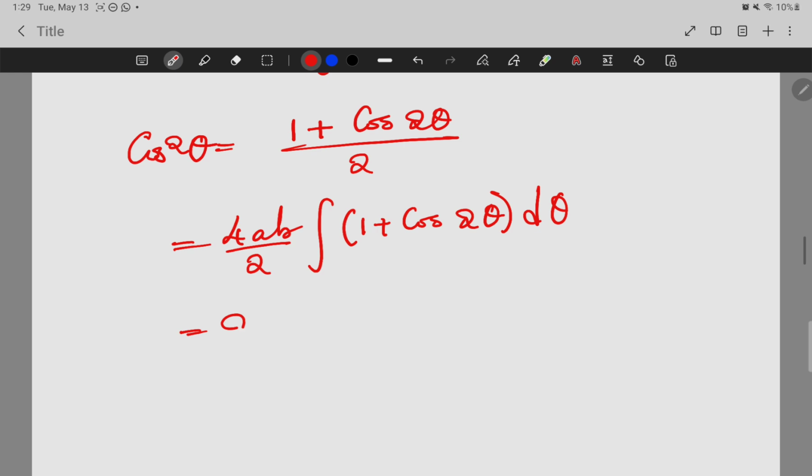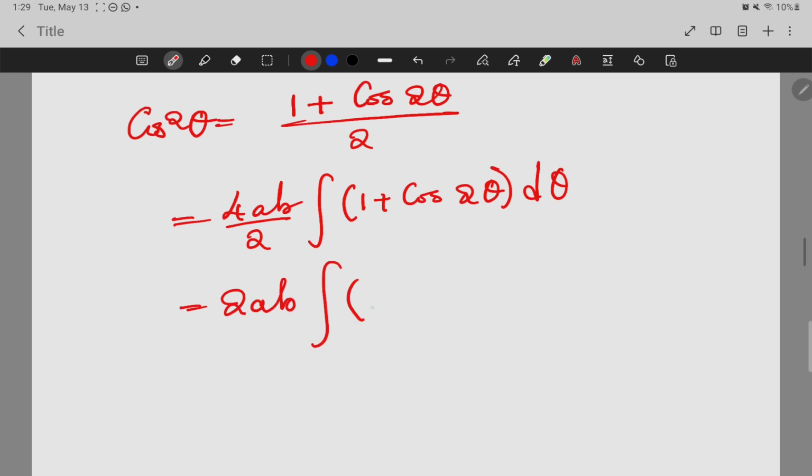The 2 into 4 will leave a 2 only there. When you integrate, the integral of 1 with respect to theta will just be theta. When we integrate cos 2 theta, we get sine 2 theta over 2. So we're done integrating here.